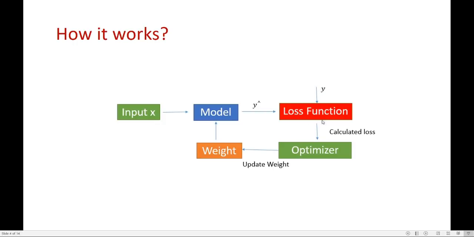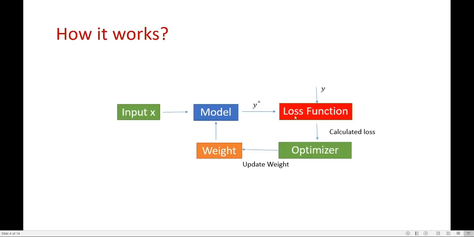So the loss function comes into the picture. It will identify the difference between the actual value and the predicted value, that is y and y cap respectively. The loss function value will be taken by the optimizer, and it will decide how to update the weights, whether to increase the weight or decrease the weight, so that the output of the loss function will be minimum.